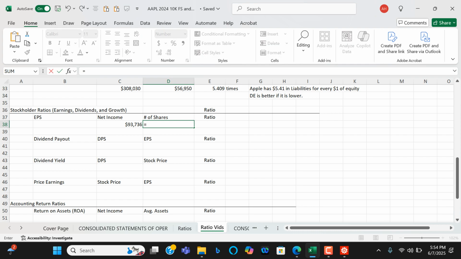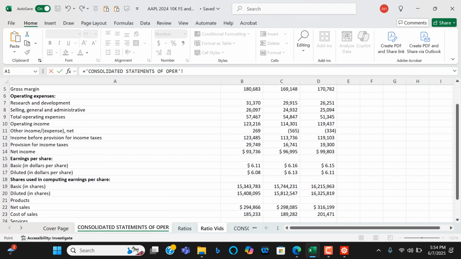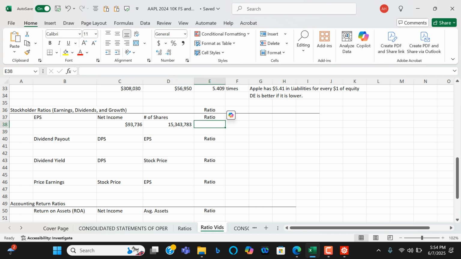The shares are on the face of the income statement, so you can't go wrong. You cannot go wrong because all the calculations have already been done by accountants. Now we look at this right here, and you see right there, shares used in computing earnings per share. Okay, so we will use those shares. Okay, let's get the ratio.